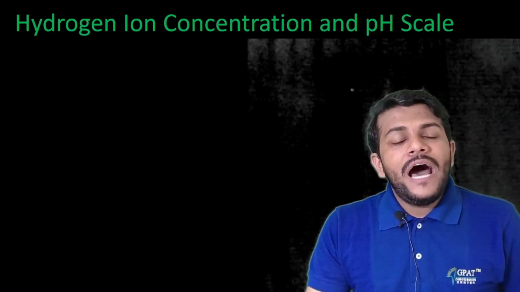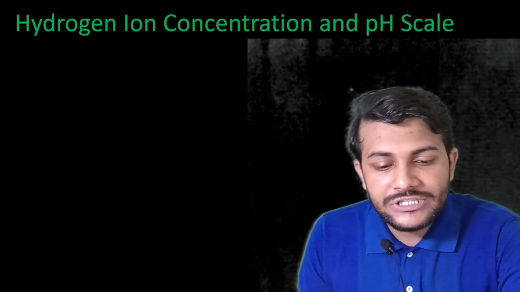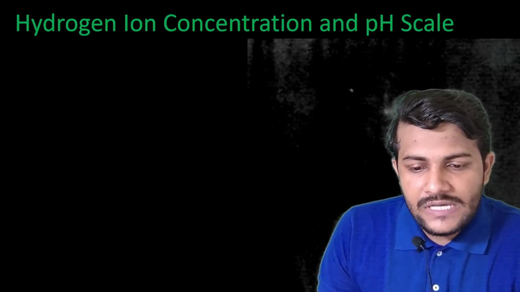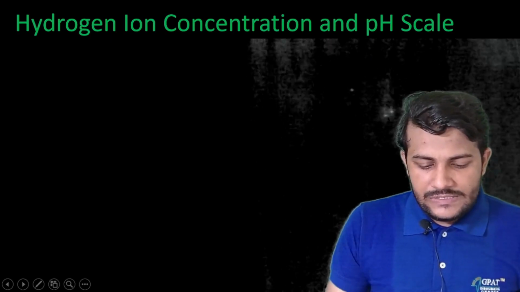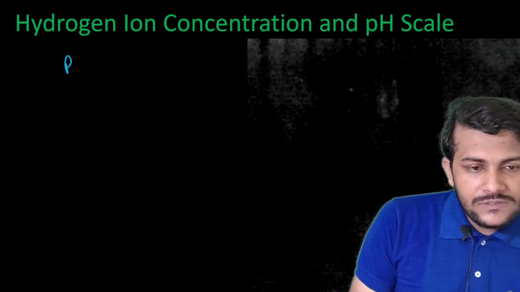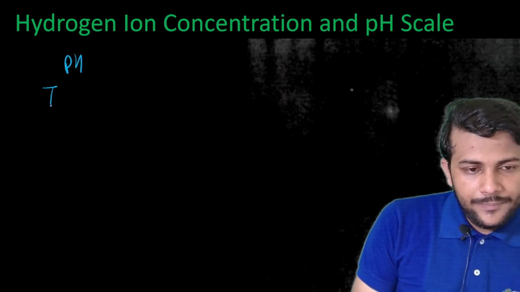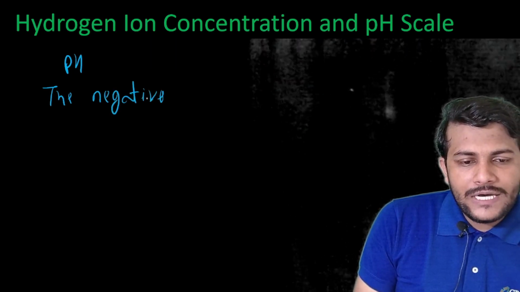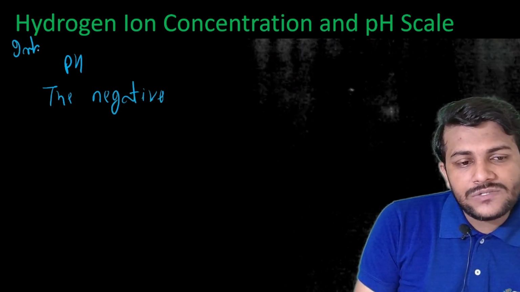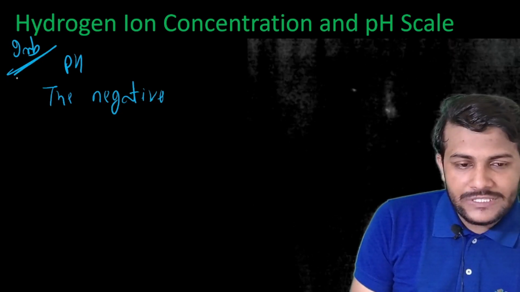Next we are having the hydrogen ion concentration and the pH scale. So first you have to know what is pH. pH is the negative logarithm. Most important, students, this question was asked previously many times.